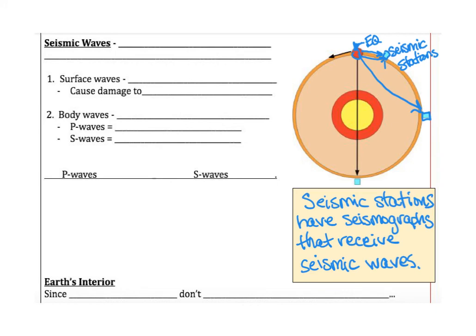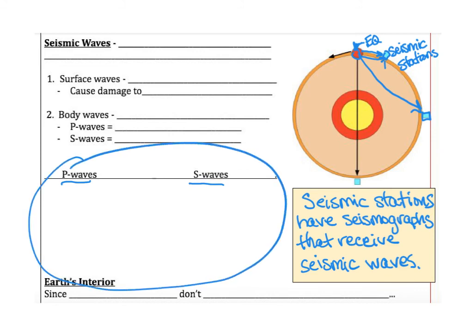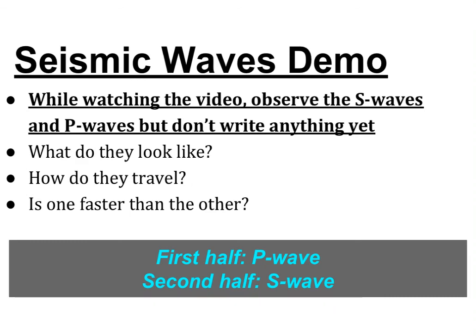All right, so the next thing we're going to do is watch a little demo so that you can see the difference between what P waves and S waves look like. Eventually, we're going to record that information here in our input page, but we're going to wait and do that in class on Wednesday. So while you're watching the demo, you want to observe the S waves, observe the P waves, but don't write anything on your input page yet.